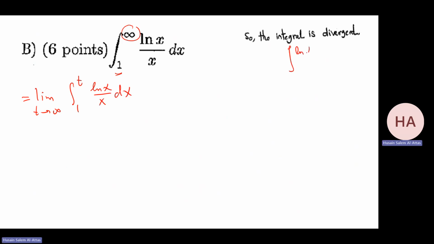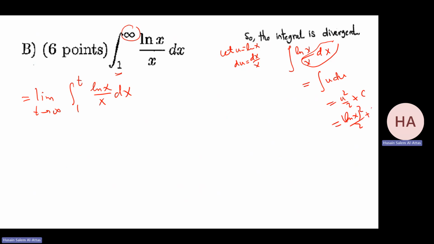Let me do this integral here. Yeah, very clear. I let u equal ln x. du is dx over x. So I have u du. That will be u squared over 2 plus c, which means (ln x) squared over 2 plus c.